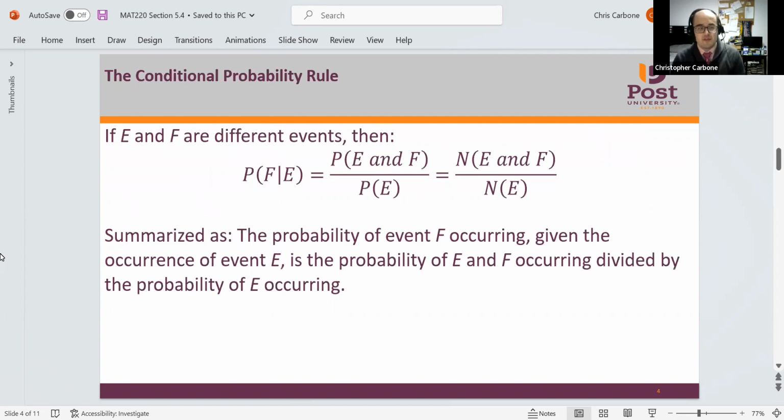That same idea applies where E and F are different events. To note what this symbology means, this is the probability of F given E has already occurred.